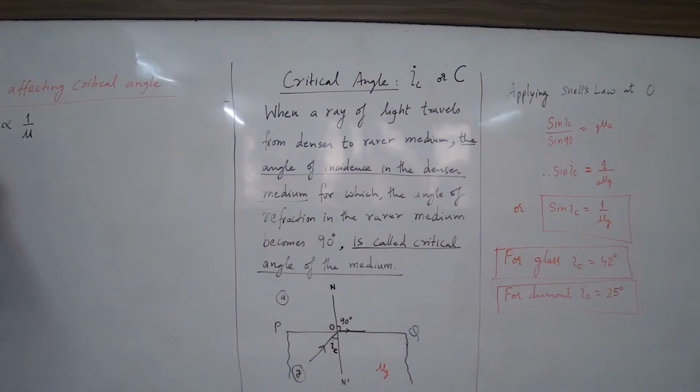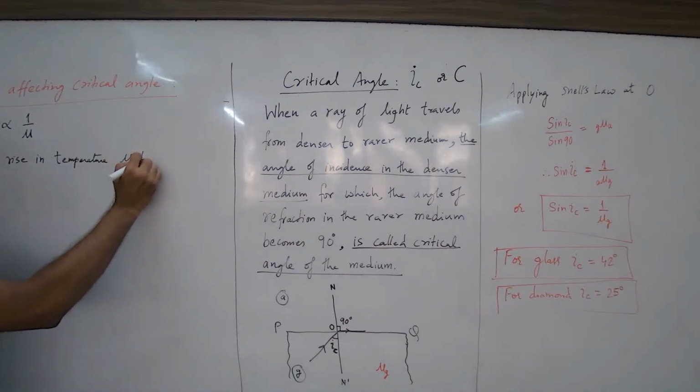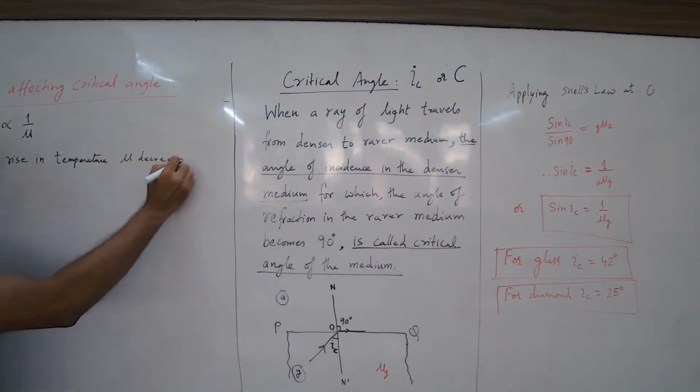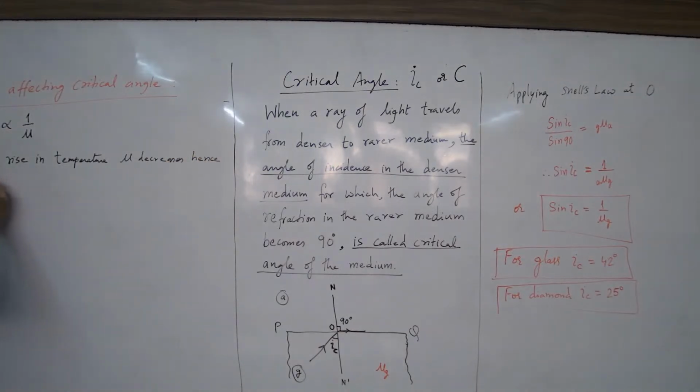Therefore, with rise in temperature, mu decreases, hence Ic increases. Right, so this is the first case. With rise in temperature, the critical angle rises or increases.